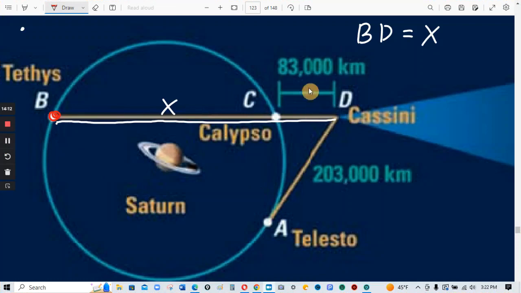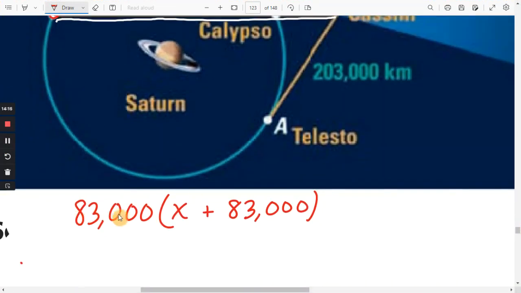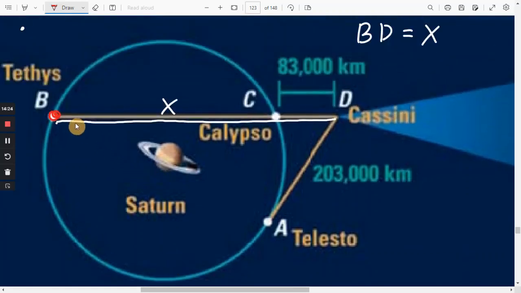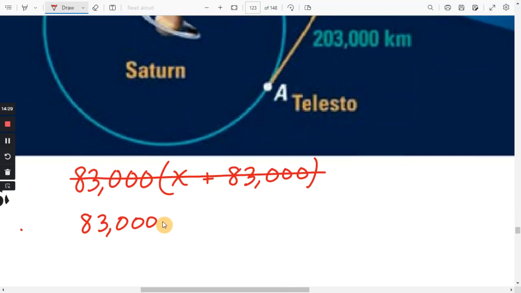All right, so the external segment is 83,000. And that is times the entire segment, which we called x. So we're just going to do 83,000 times x.